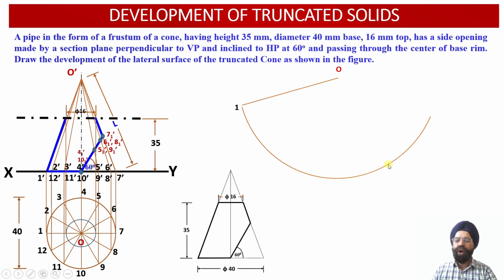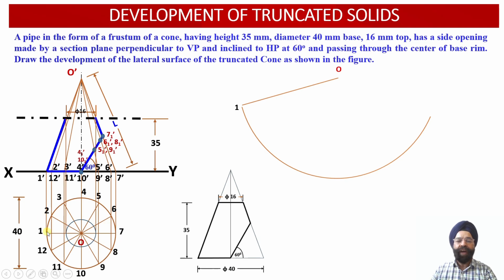Once we draw an arc through point 1, we know that we have divided the base of this cone into 12 equal parts or 12 equal sectors, each measuring 30 degrees. So the distance between points 1 and 2 will be the same as the distance between points 2 and 3, 3 and 4, and so on.